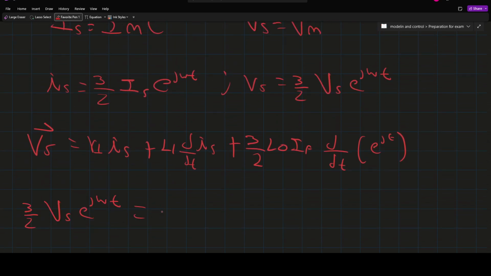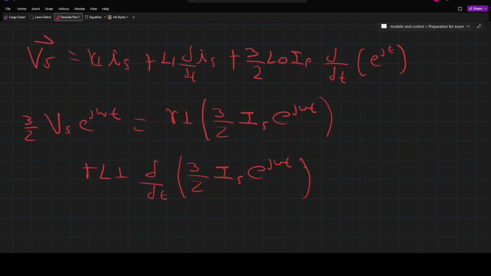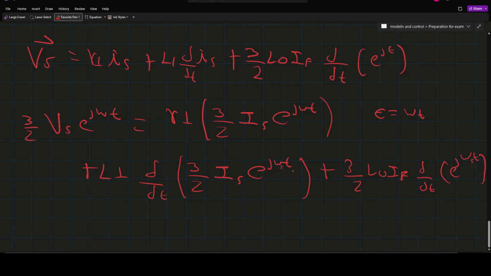So we're gonna have this equal to R1 Is, and our Is is this, plus L1 times the derivative of Is, plus 3/2 L0 times the derivative of If, times e^(j omega s t), since we have figured out before that the angle equals omega s t. All these omegas are omega s.